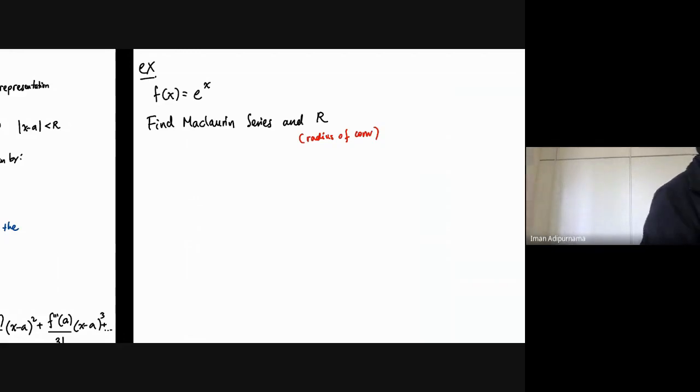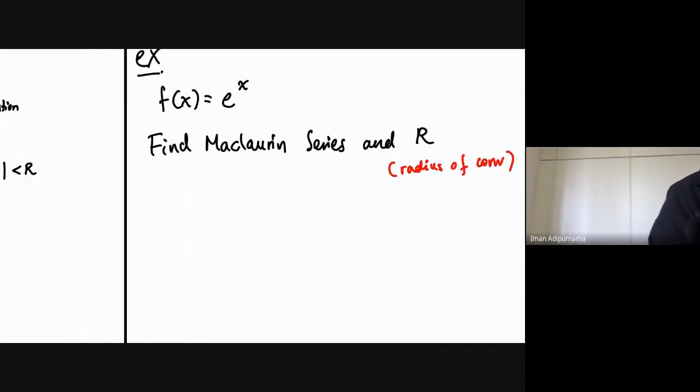Okay, so first, let's see the form of the function itself. I think I've given some parts of the introduction of e to the x in the last semester, because if you try to differentiate e to the x, it will be the function itself, right?